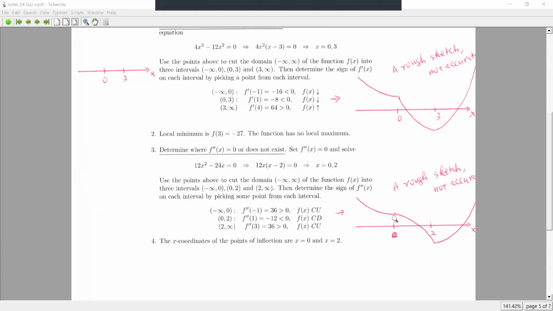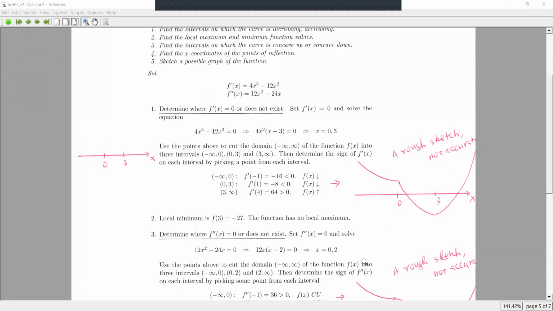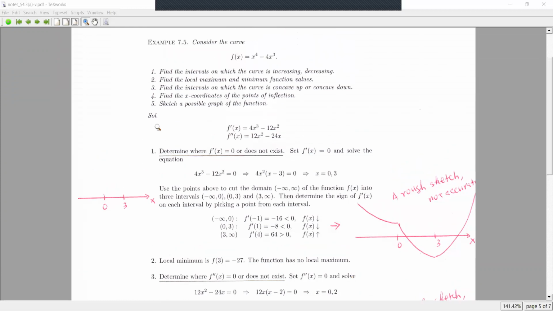The x coordinate of this point is 0. Now, the second point of inflection is this point. The graph changes from concave down to concave up. So there are 2 points of inflection. Their x coordinates are 0 and 2.